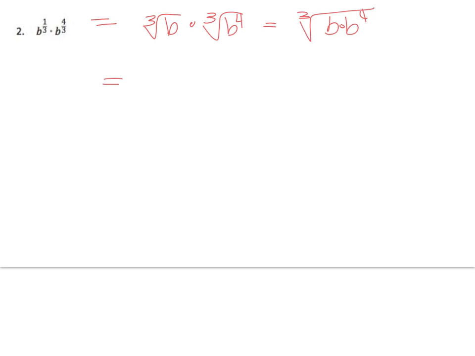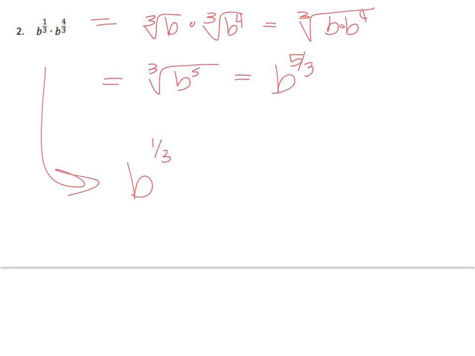You have to remember your power properties, your exponent properties. That would be b to the 5th power, because I add 1 and 4, which is b to the 5/3. Okay? Or I can go straight 1/3 plus 4/3 equals 5/3. Cool?